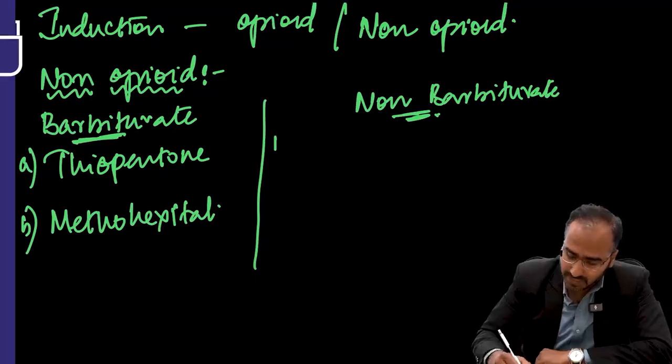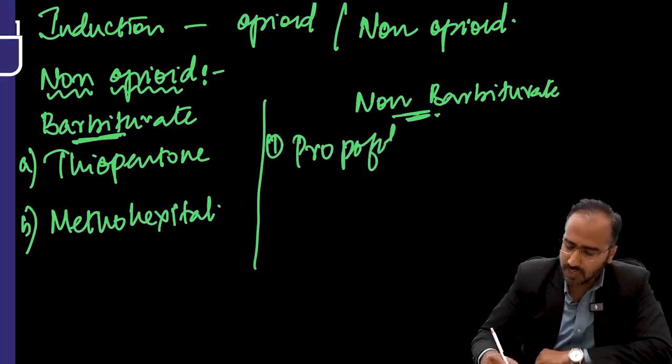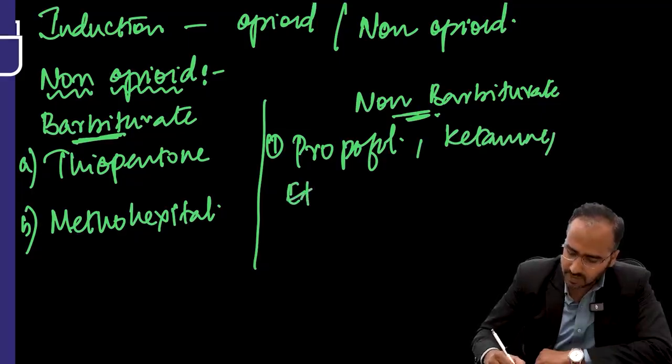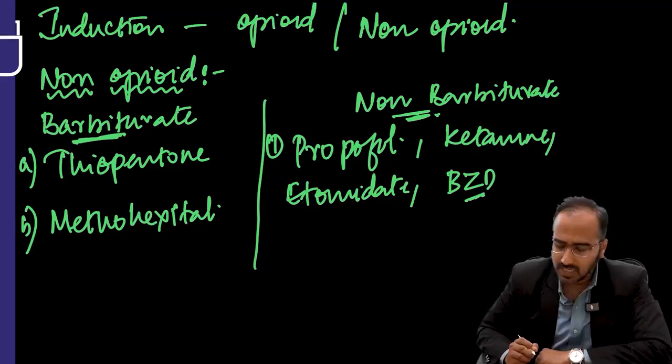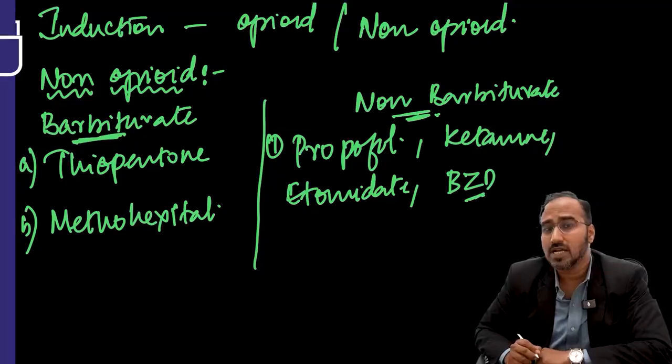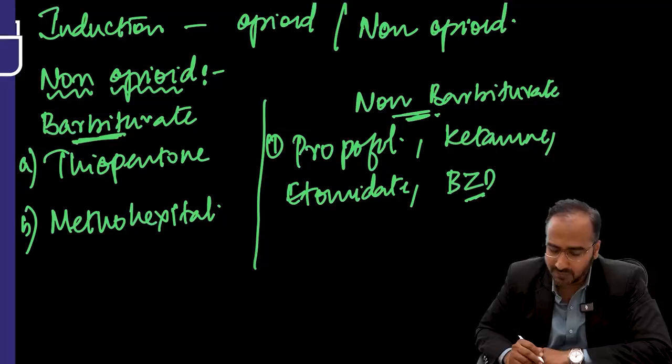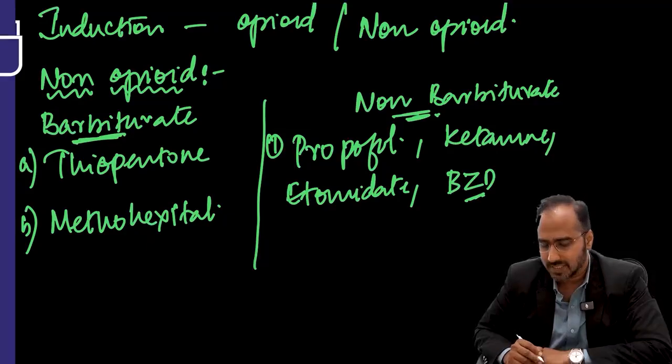Whereas in non-barbiturates, we have propofol, ketamine, etomidate, and benzodiazepine. These are the non-barbiturate type of IV induction.